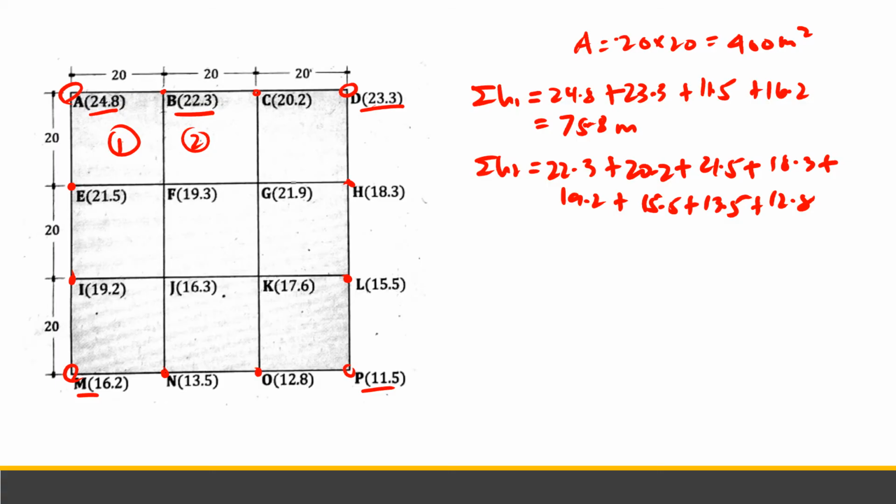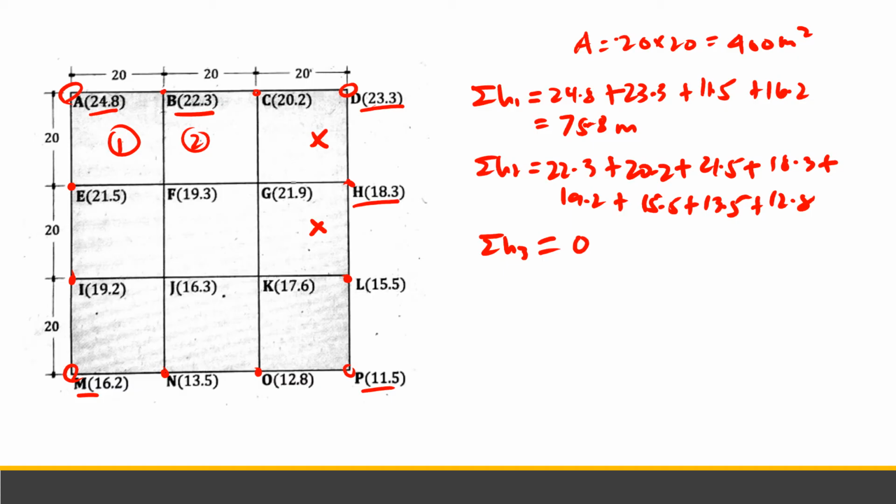So, twice siya nagamit kasi, for example, this H here is used by this square and also by this square. So, nakadalawa siya nagamit, and summation of H3 is 0.